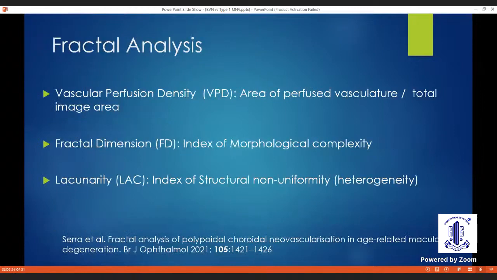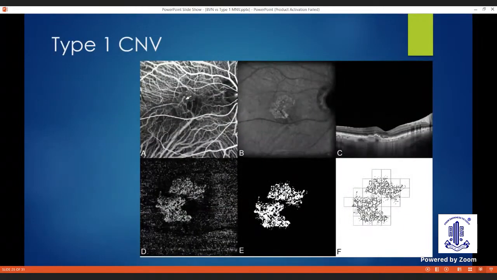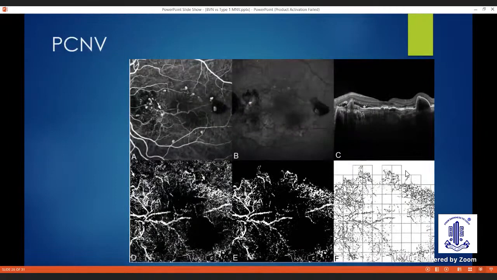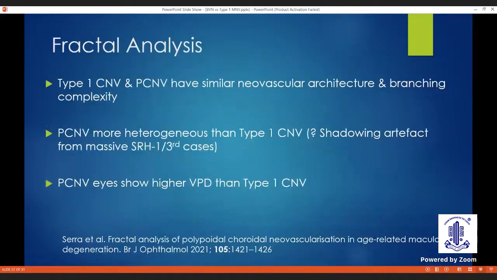There's a recent paper on fractal analysis, which studies the vascular perfusion density, the fractal dimension and the lacunarity, using binarization, just like ImageJ software. This fractal analysis software has shown that there are certain differences between PCV and PCNV, and type 1 and type 2. The type 1 CNV and PCNV have similar neovascular architecture and branching complexity.